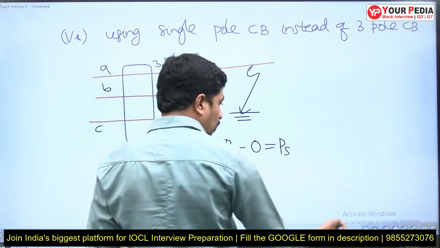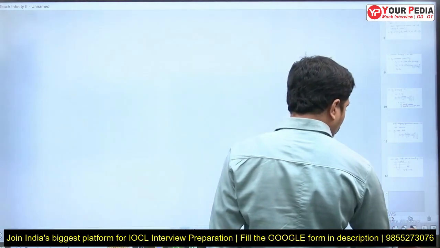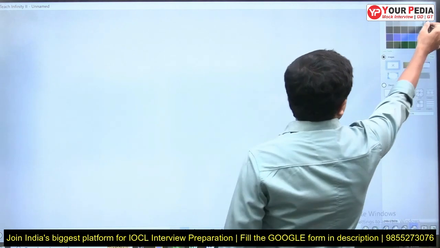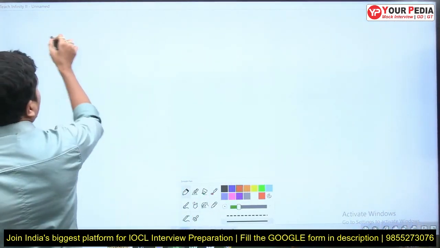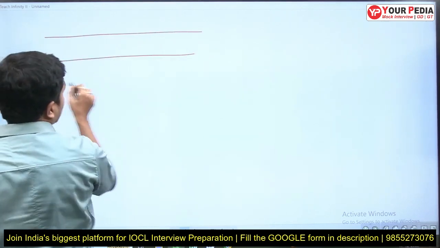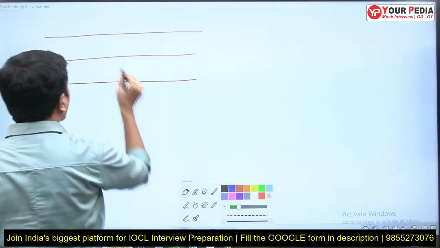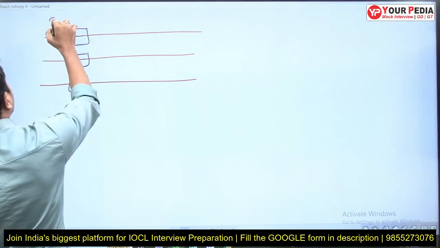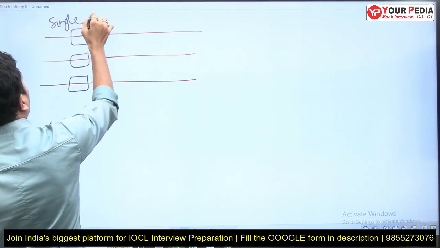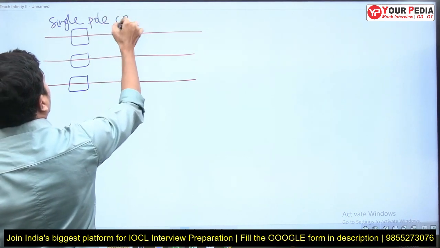How does a single pole circuit breaker look? I'll show you here. Observe, this is phase A, this is phase B, this is phase C. It is going to have circuit breaker A, circuit breaker B, circuit breaker C. This is a single pole circuit breaker.